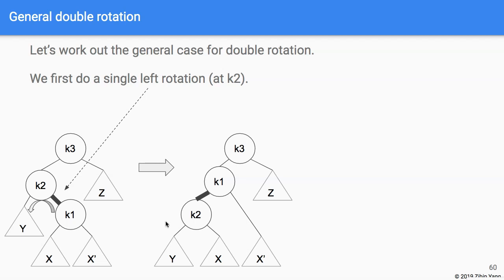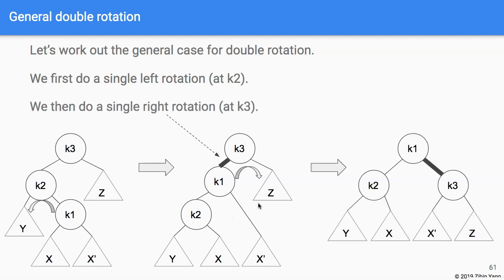And then the next rotation would just be the rotate to the right. Yes, there we go. And so if you look at this now, this is the edge we are going to be changing. K1 is going to come to the very top. K3 is going to be the right child of K1 now, right? It's a right rotation. Now, most other things are the same, Z still attached to K3 as the right child.